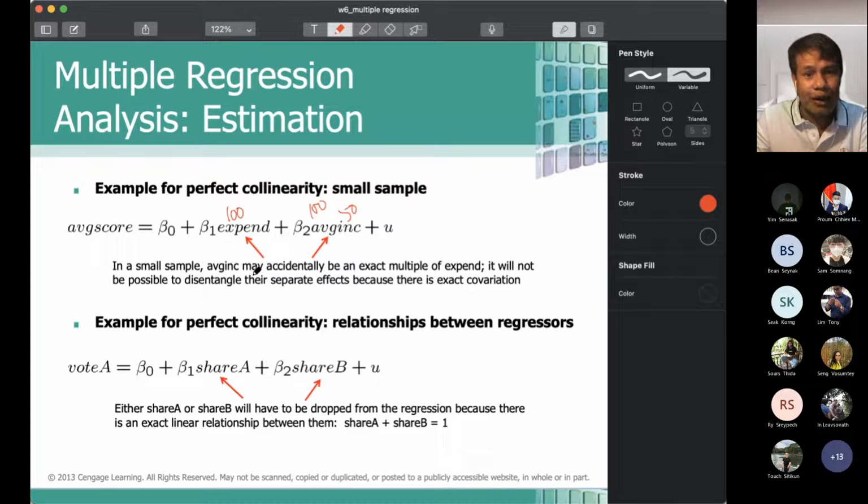So in a small sample, average income may accidentally be an exact multiple of expense. Or in other words, some of you may say, if you get 100 from your parent, you spend 50. If you get 50, you spend 25. You see the correlation here is 2 times, so they are perfectly correlated.